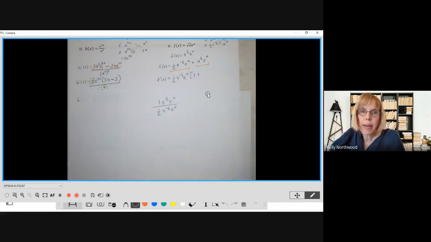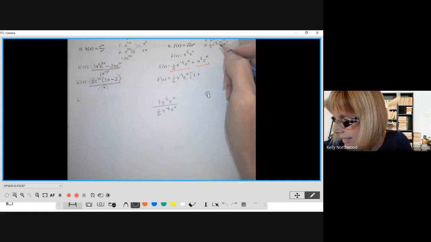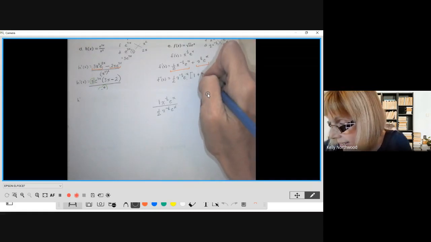What's 1 divided by 1/2, or how many times does 1/2 go into 1? Twice? 1 divided by 1/2 is 2.